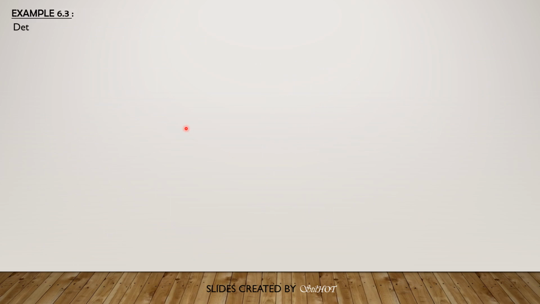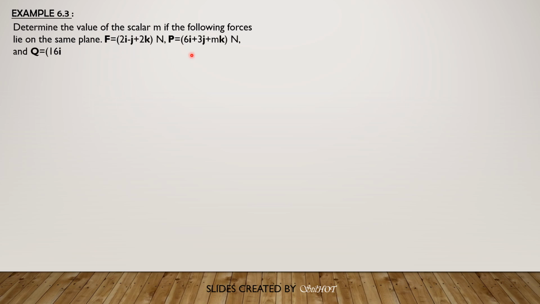Sample 6.3, determine the value of the scalar m if the following forces lie on the same plane. So we have three forces that lie on the same plane, F, P, and Q. So m is a component of the force P. Since the three forces lie on a single plane, if we obtain the cross product between two vectors, then we can define another vector, which is a force perpendicular to the plane of the three vectors.